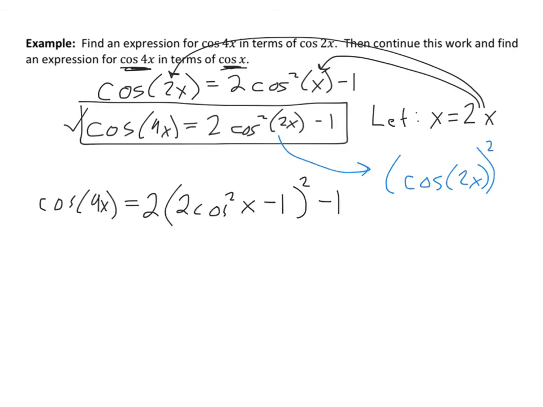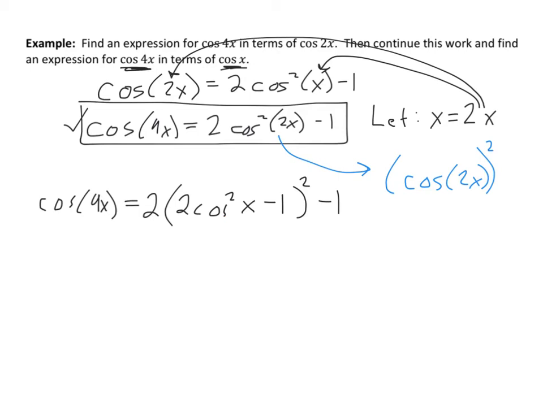And this time I get to use x because this had already been boiled down to a 2x. In a lot of ways, we can be done at this point. We could simplify further, but the problem said find an expression for cosine 4x in terms of cosine x, and we have it.